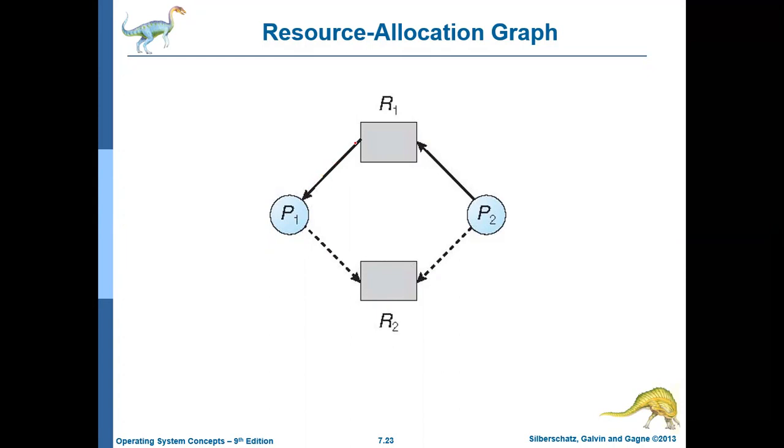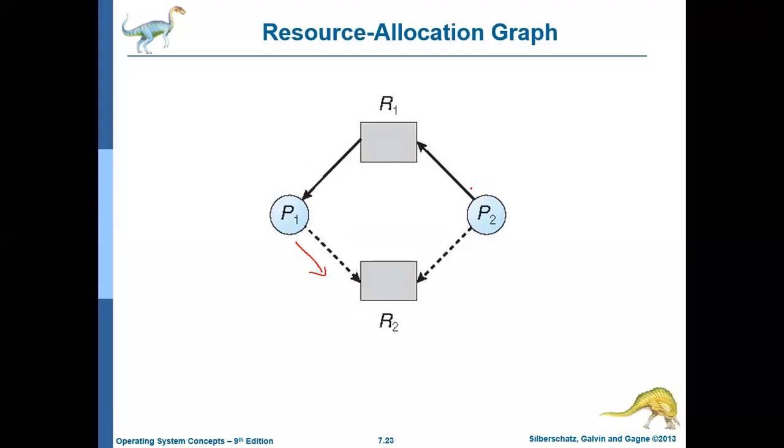What this arrow represents: the resource R1 is assigned to the process P1, so this is an assignment edge. And P1 may claim R2 in the future, because it's a dashed line.